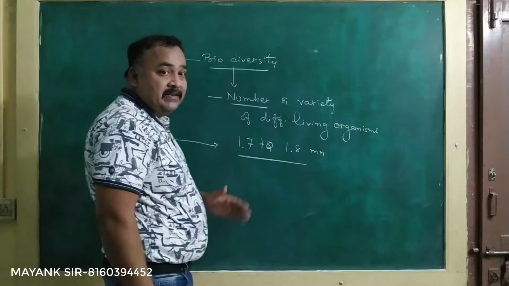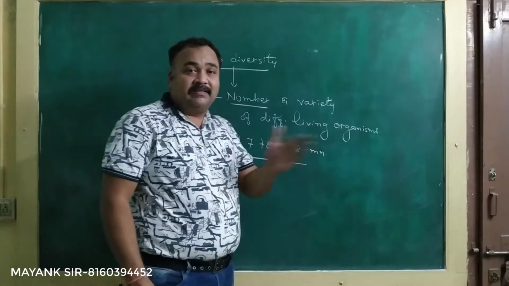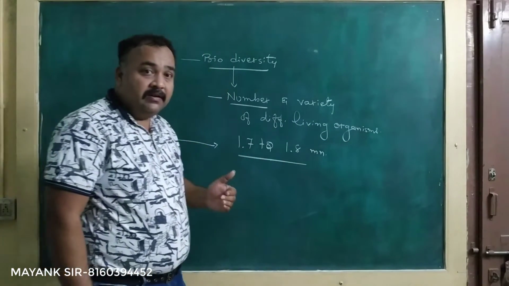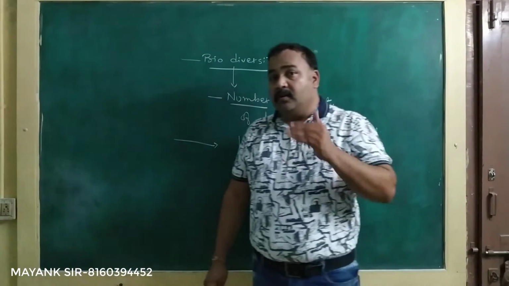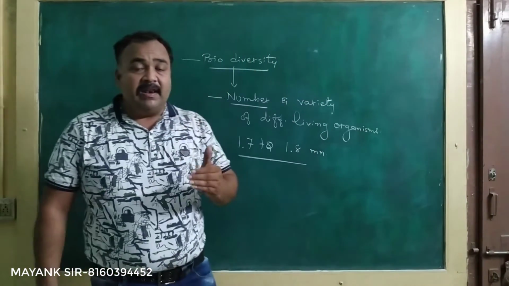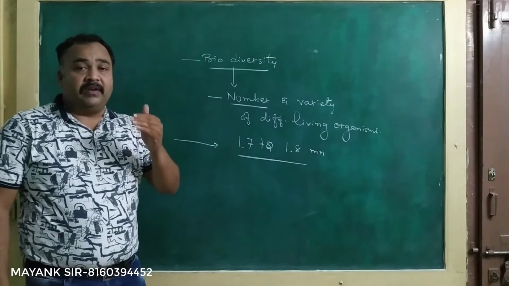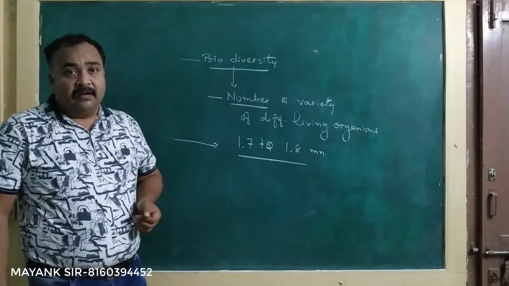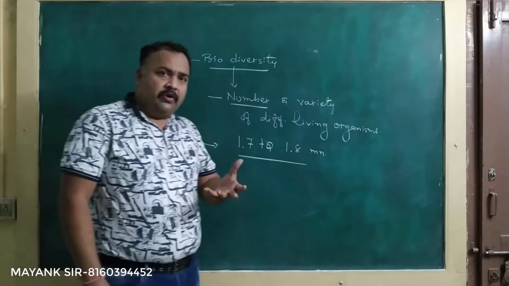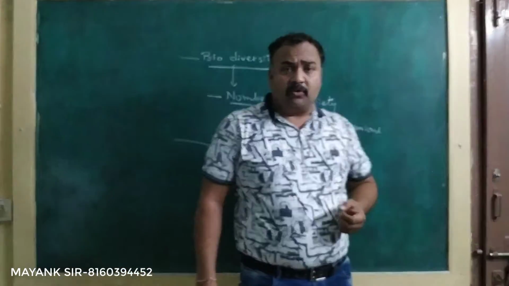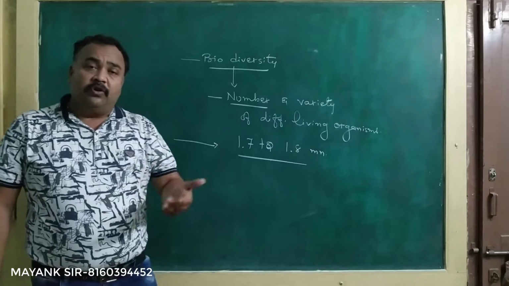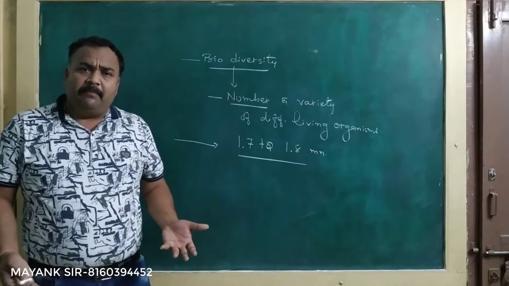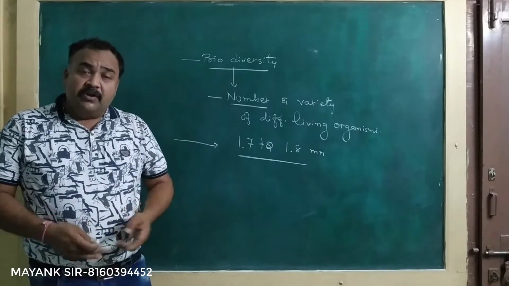That is 17 to 18 lakhs. But the actual number is around 5 million to 50 million. As for example, the corona, the pandemic disease, novel COVID-19, coronavirus, we cannot see with the help of a naked eye.